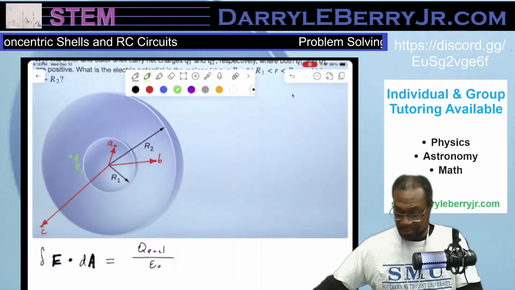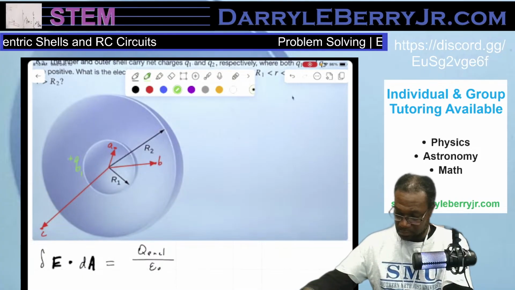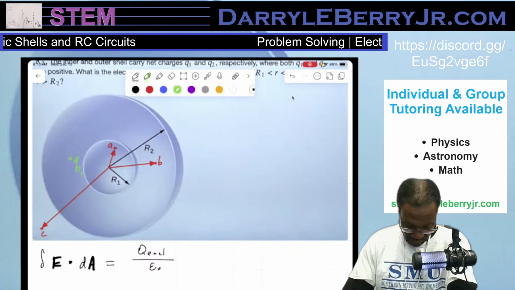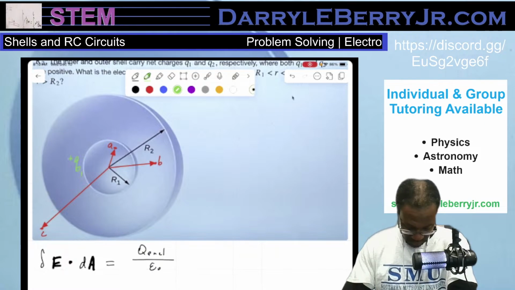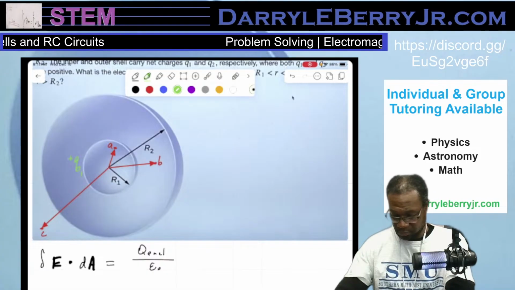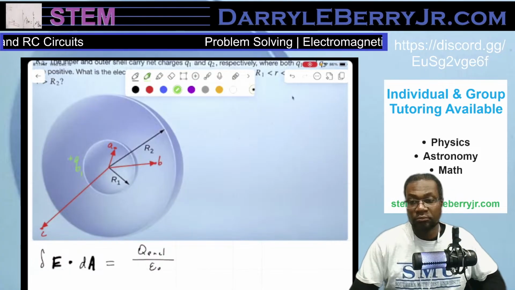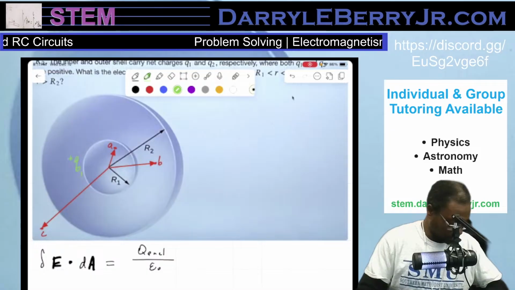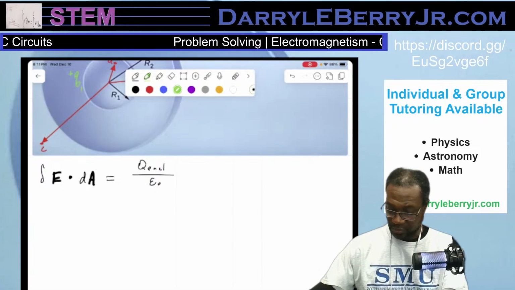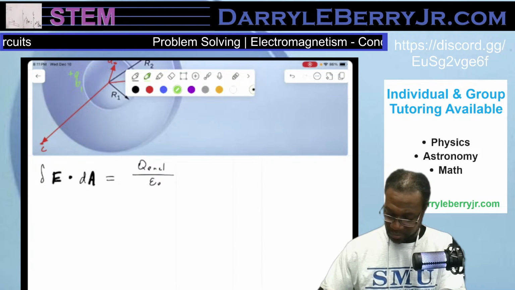So you all can see right under the ADA. Set up so you all can see what I'm doing over time.